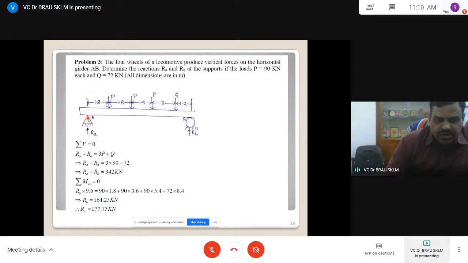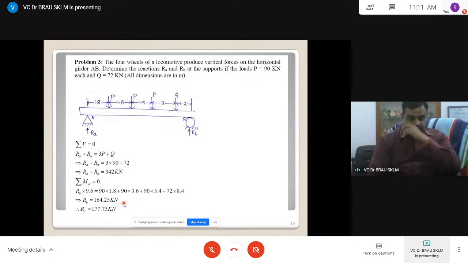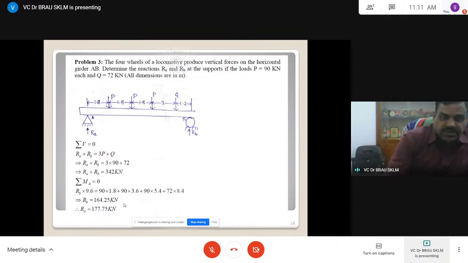Then moment about point A is 0, force into perpendicular distance. This is counterclockwise and these all are clockwise. That is how the moment can be determined about RA and RB. So this is how the expression can be represented.